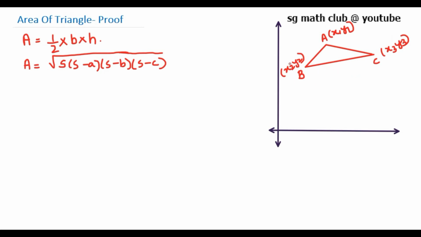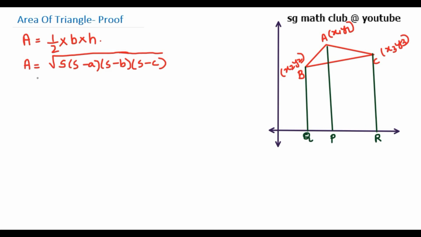As usual, like the other derivations, we are going to draw a perpendicular line from B to the x-axis, again from A to the x-axis, and from C to the x-axis. So I have drawn the perpendicular lines from B to the x-axis, that is BQ, AP and CR.